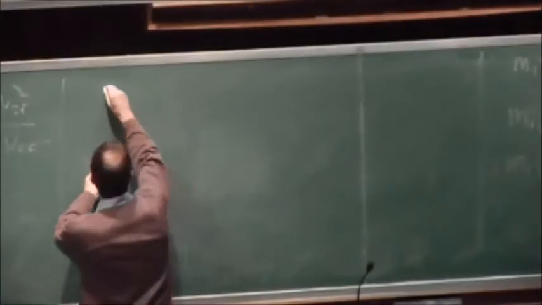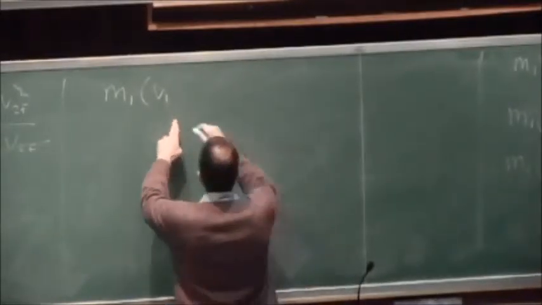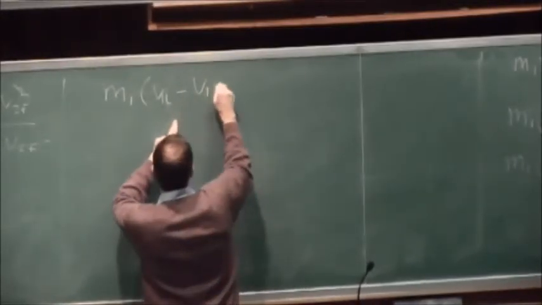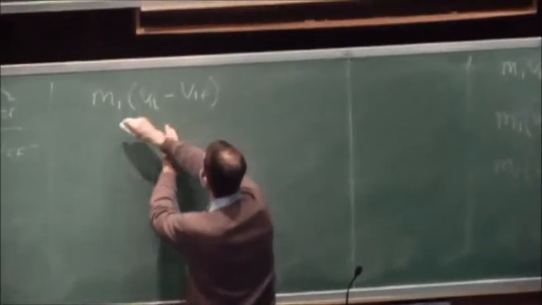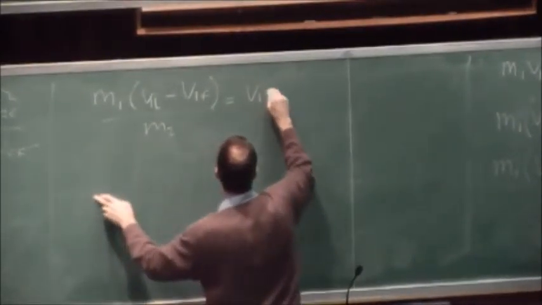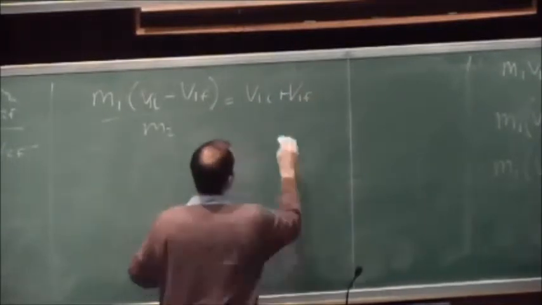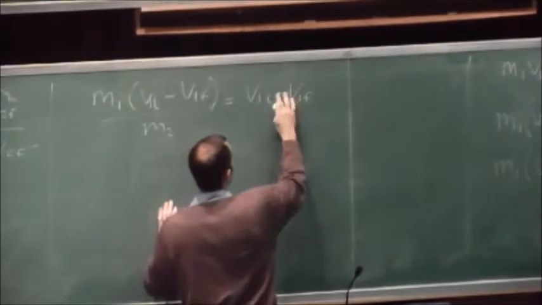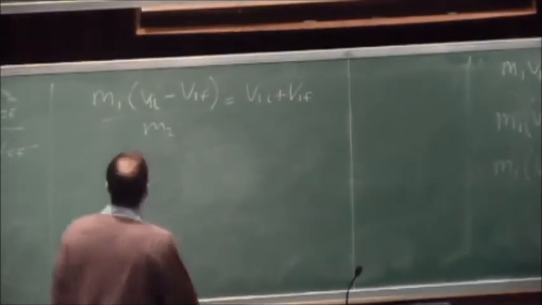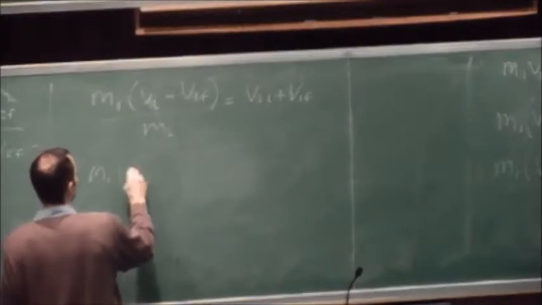So I have M1 times V1 initial minus V1 final, divided by M2, is equal to V1 initial plus V1 final. Okay, so this is all just algebra at this point.